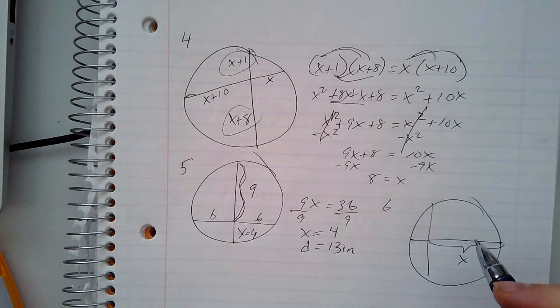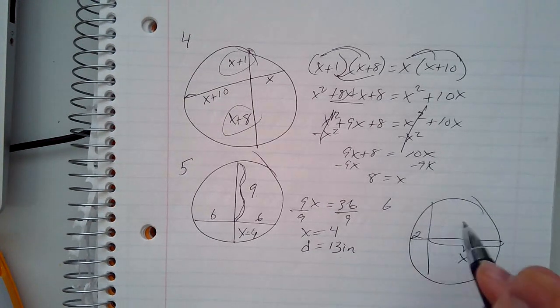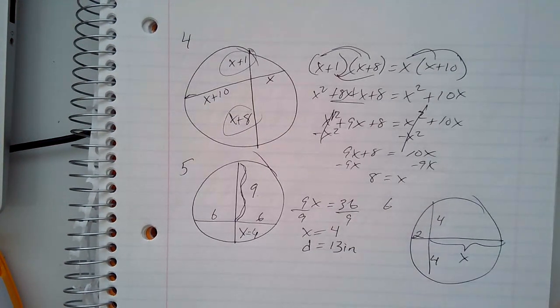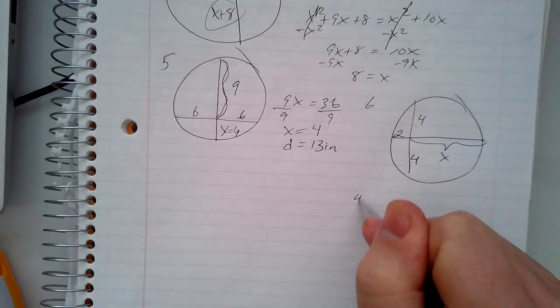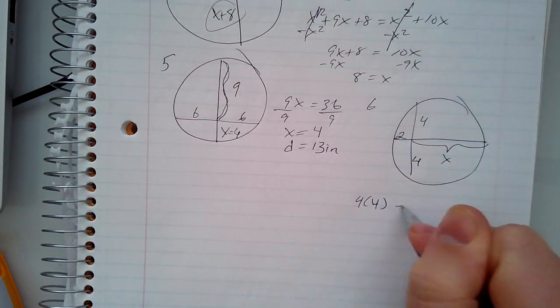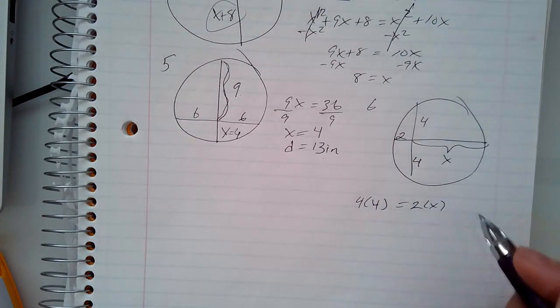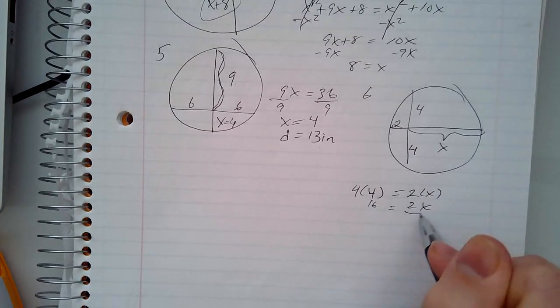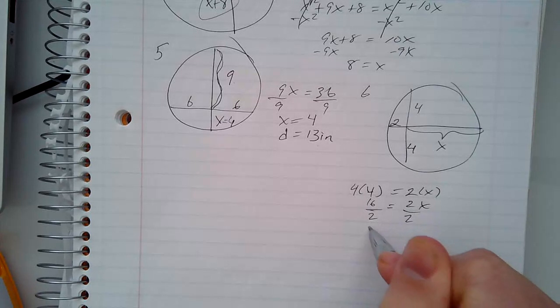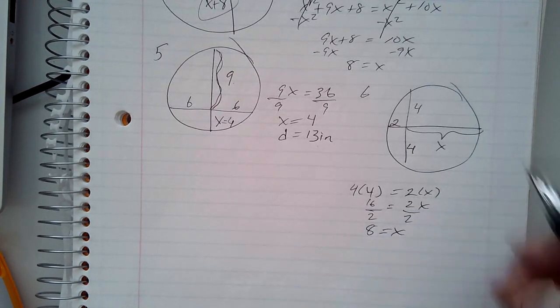Then this portion right here is 2, and each of these are 4. So we do 4 times 4, and 2 times x, and we get 16 is equal to 2x, or x is equal to 8. But we don't stop there.